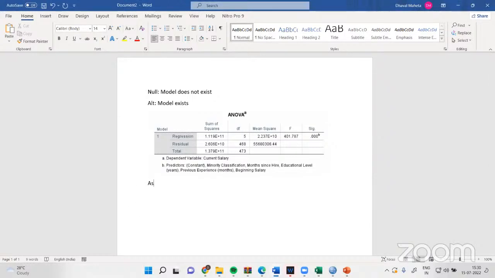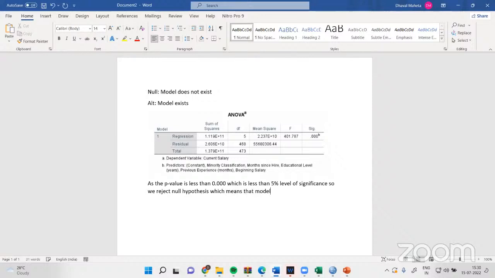As p-value is less than 0.05, so we reject the null hypothesis, which means that the model exists. There is a significant difference. Model exists.